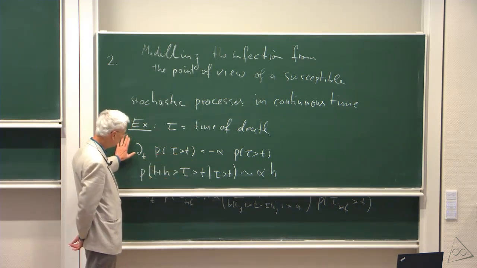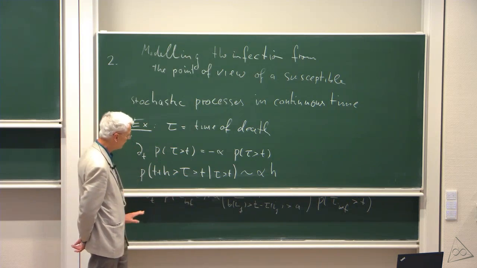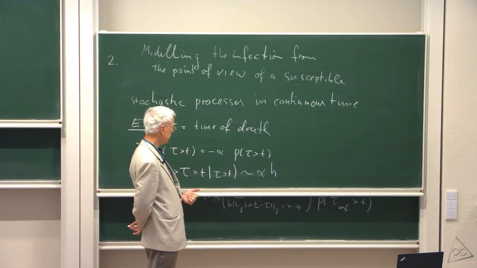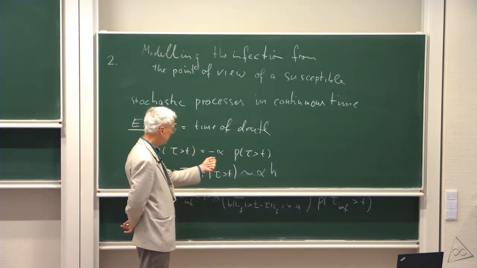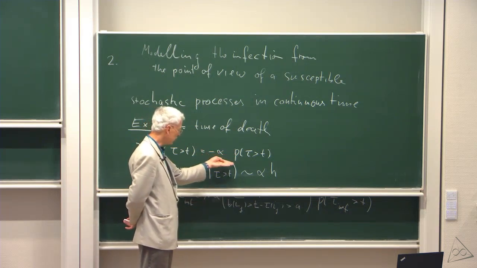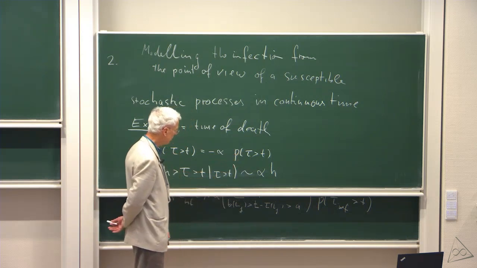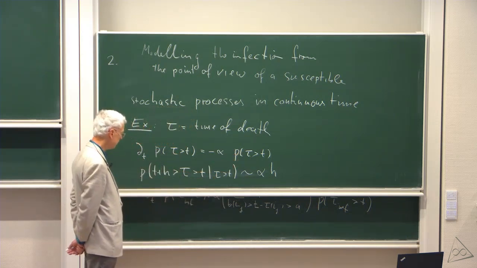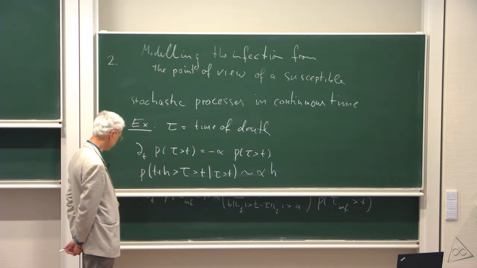So here the rate of change is, of course, negative, because the probability will always be smaller with growing time. So it will be proportional to the probability that you are still alive at the time t.